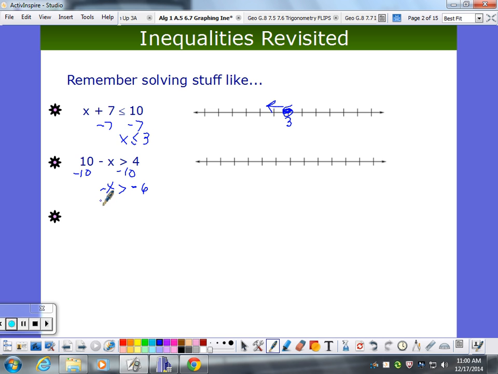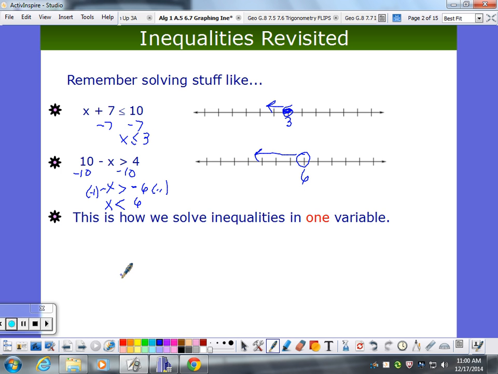Divide by -1, so I'm going to use the multiplication property of inequality, and you're going to get the same result. x less than 6. So you find 6, circle it. Do I fill this hole in? Nope. Less than. Where are the less thans? This way. That's how we solve one variable.